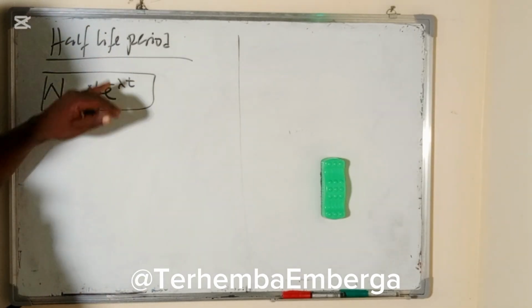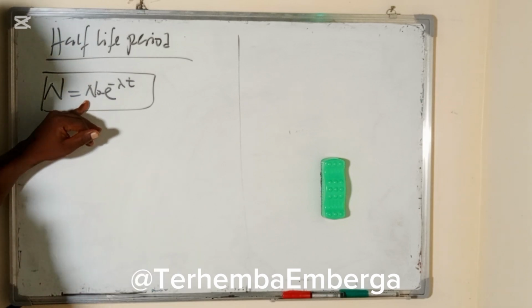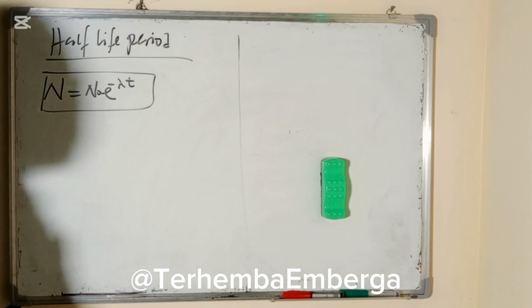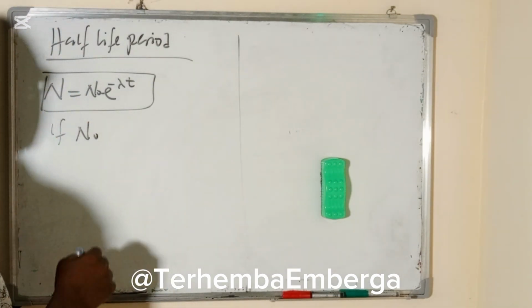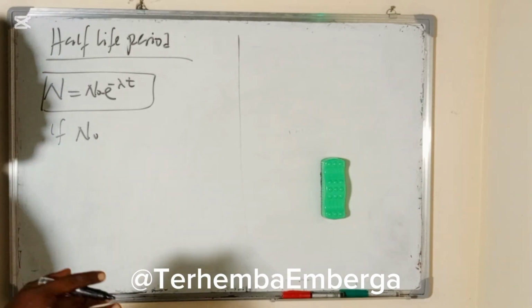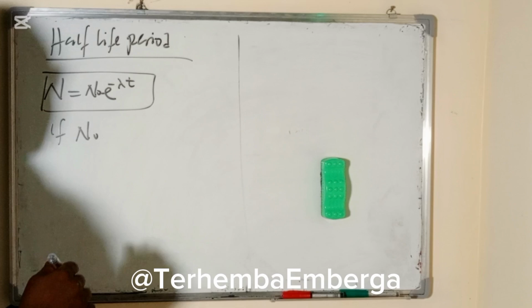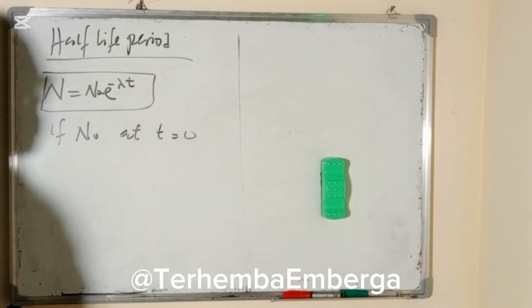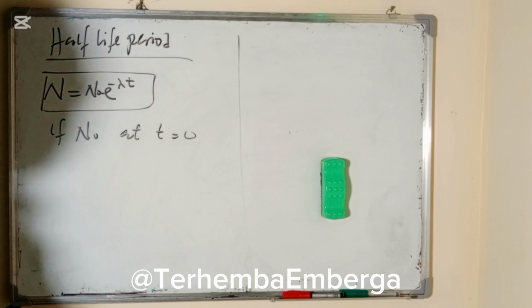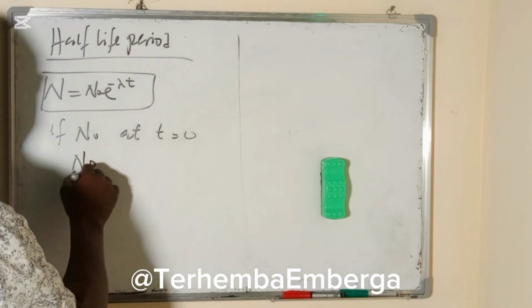And in trying to establish half-life periods, we're going to base on this formula. So if N naught is the number of radioactive substance present at t equal to 0, then the half-life period becomes N naught all over 2.